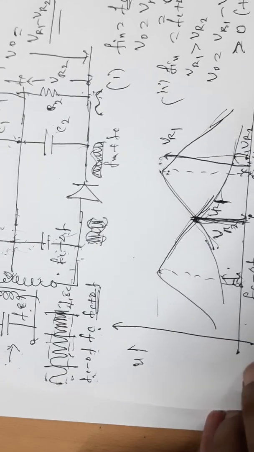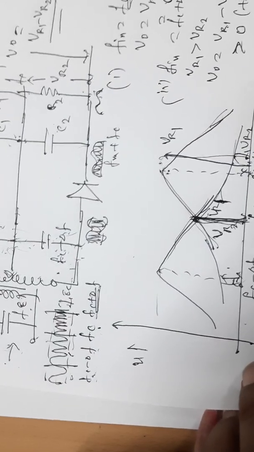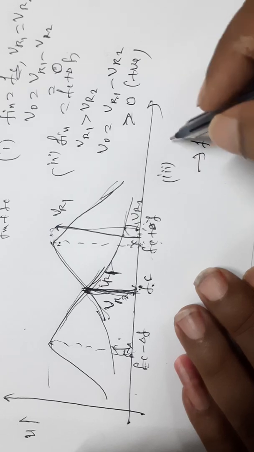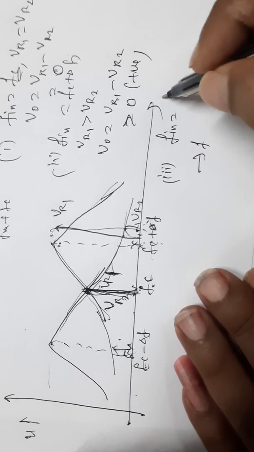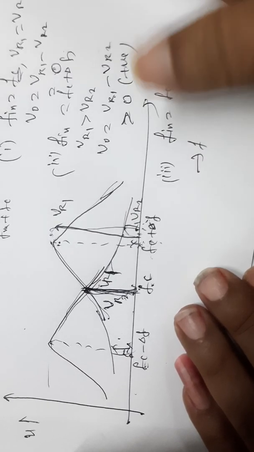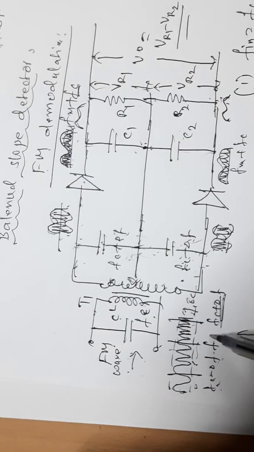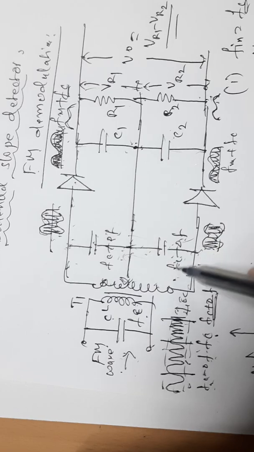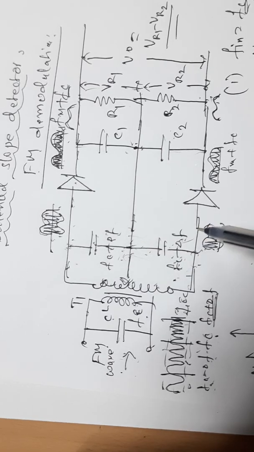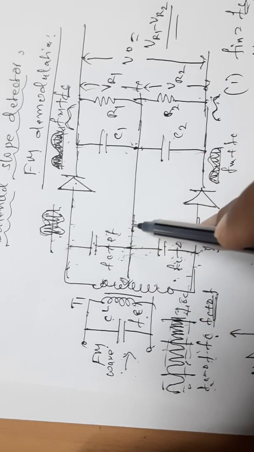In the third case, let us consider the input frequency Fin equal to Fc minus delta F. When the input frequency is Fc minus delta F, the lower circuit is tuned to it, so its voltage is maximum and the voltage of the upper one is minimum.